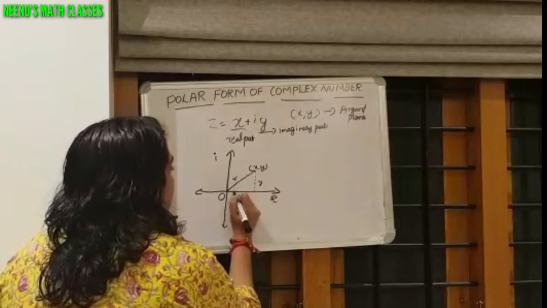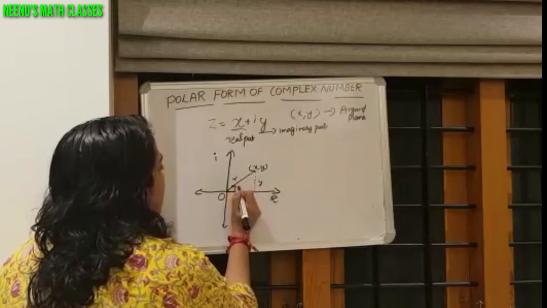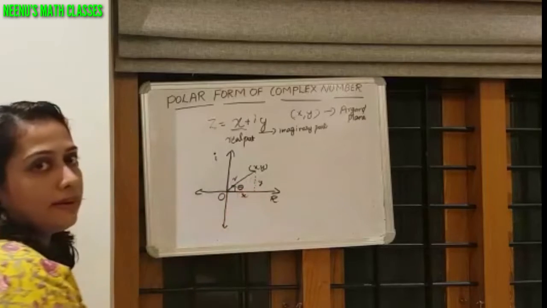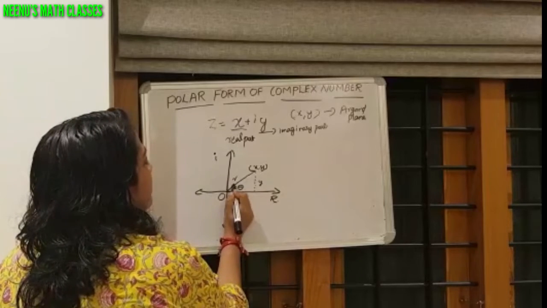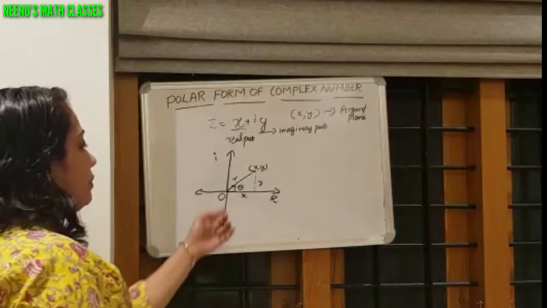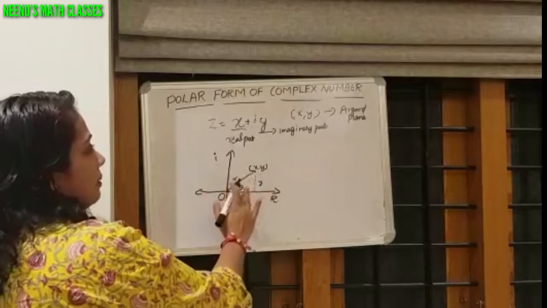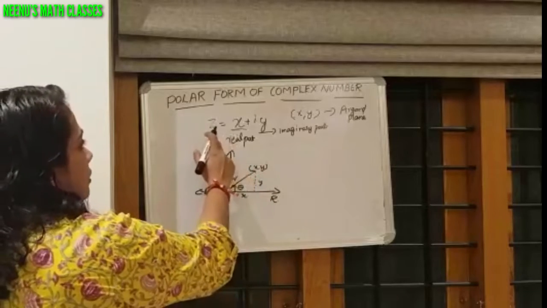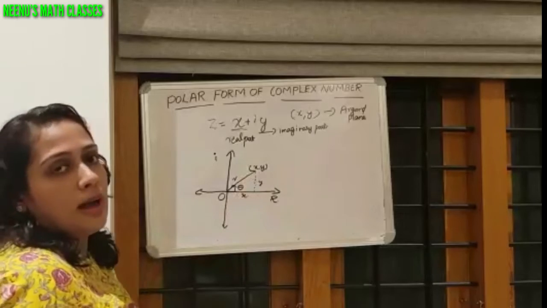There is an angle between the real axis and the vector, named theta. This is the angle between the real axis and the line joining the coordinates and the origin. These are the representations of the complex number x plus iy in an Argand plane.